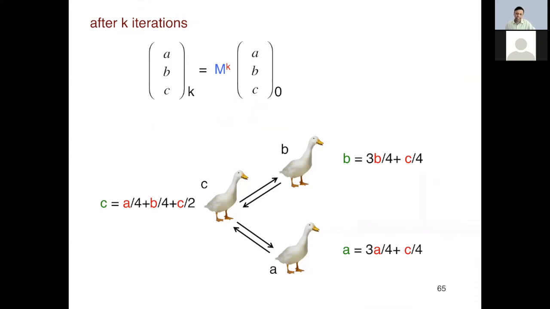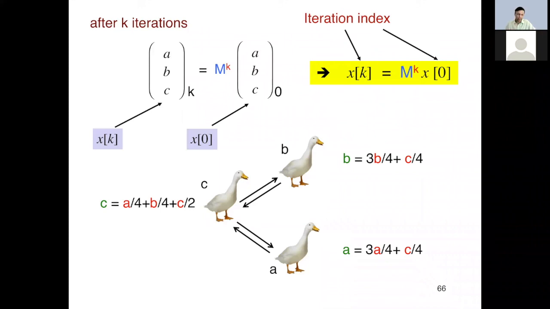So what does this achieve? Before I tell you what it achieves, let me try to write this even more compactly. Let's give this vector ABC the name X. So ABC at time 0, we're going to refer to as X bracket 0. The time is in the brackets now.